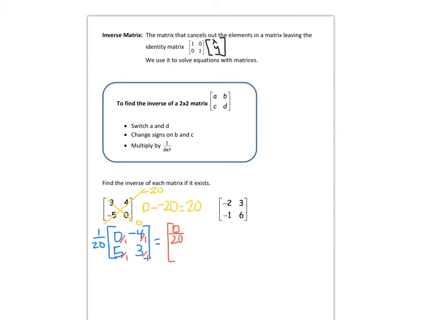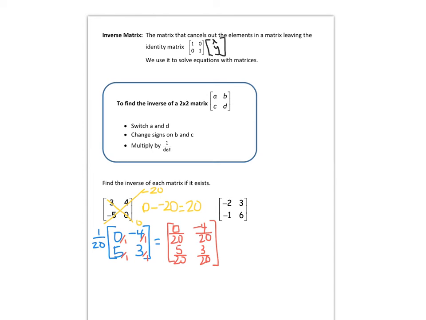Beside it, 1 times negative 4 gives negative 4, and 20 times 1 is 20. On the bottom row, 1 times 5 is 5, and 20 times 1 is 20. And 3 times 1 is 3, and 20 times 1 is 20. That is my inverse matrix. If you wanted to do 0 over 20 and write 0 instead, you're welcome to do that.